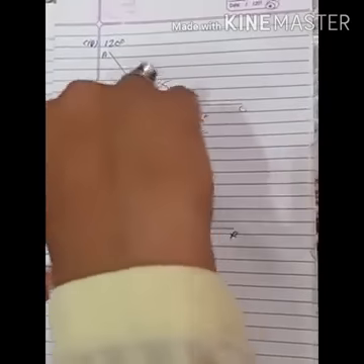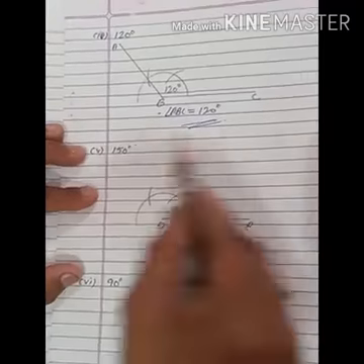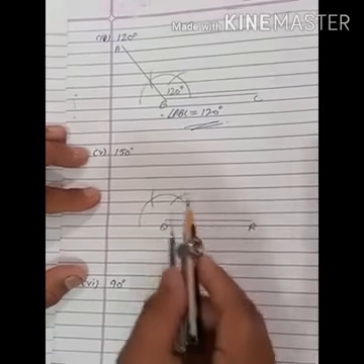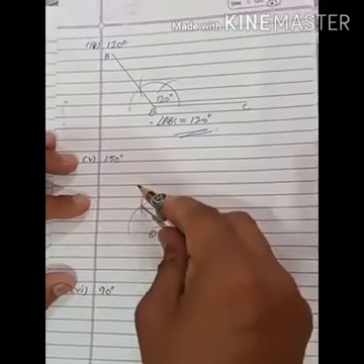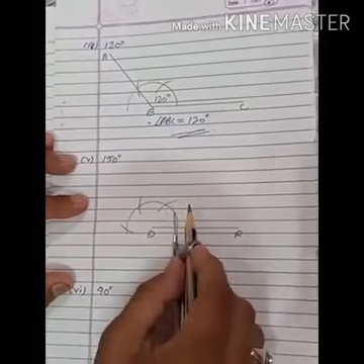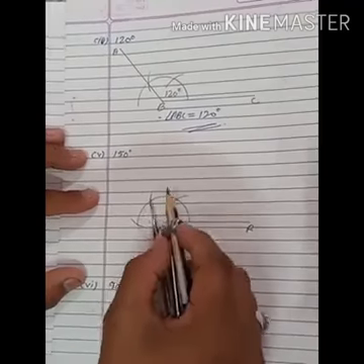Then 120 degree. After 120 degree, how many degree do we need for 150 degree? 30 degree we need. So till here 120 degree, then 30 more degree we need. So this 60 degree, 60, 120, then one more 60. From here to here we need 30 degree.